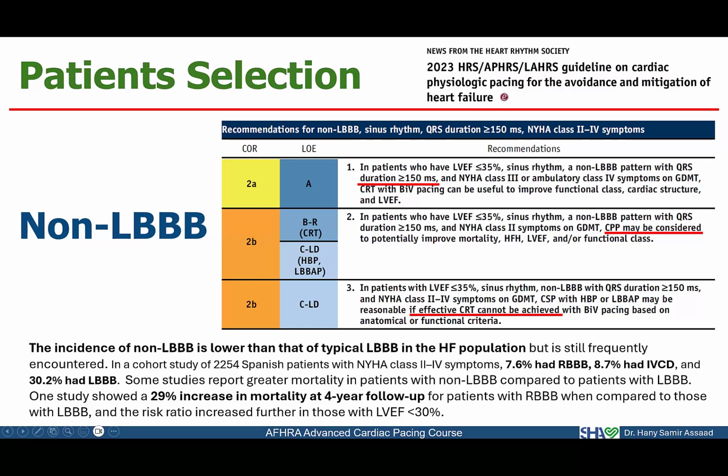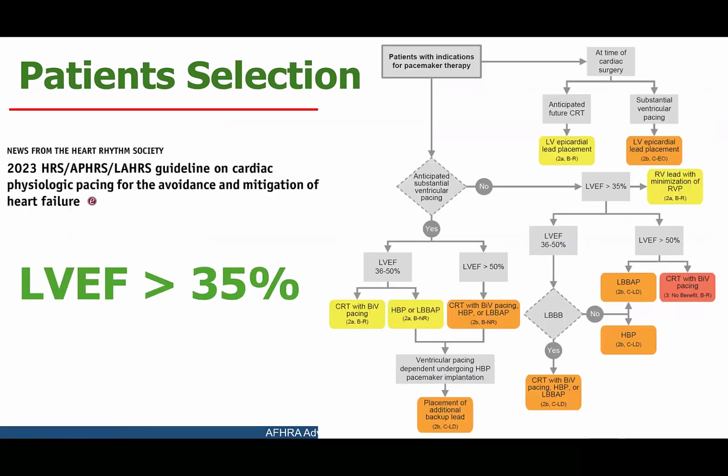The same goes for ejection fraction more than 35%. And we have a clear indication of 2A for those who have an anticipated substantial ventricular pacing and have an indication for pacemaker. Even with an ejection fraction less than 50%, you can go from the start with a CRT, with the same level of evidence and recommendation as going with conductive system pacing.